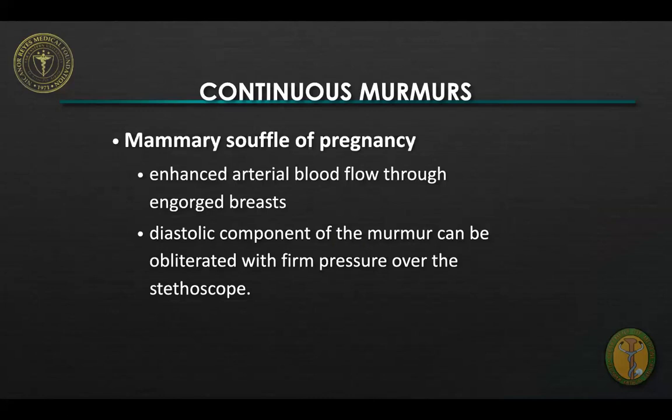A mammary souffle of pregnancy is also an enhanced arterial blood flow through engorged breasts. The diastolic component of the murmur can be obliterated with firm pressure over the stethoscope.